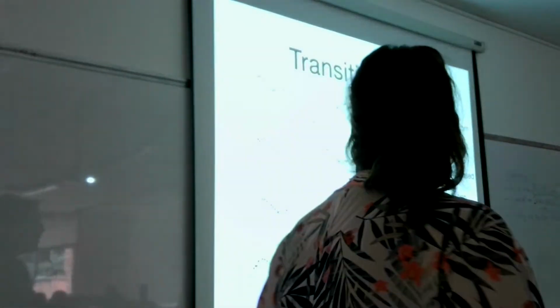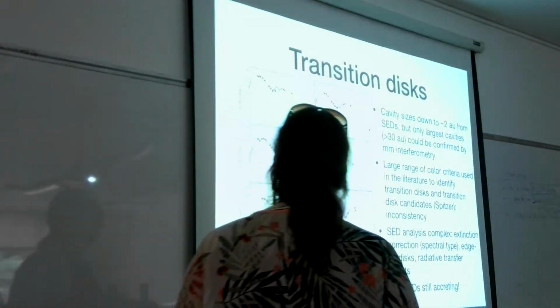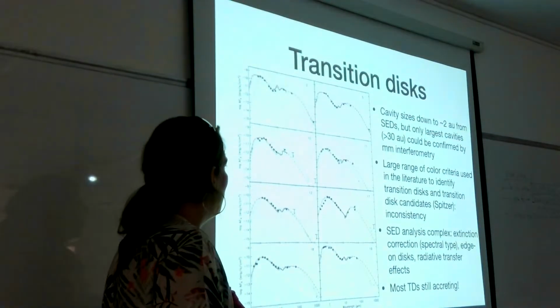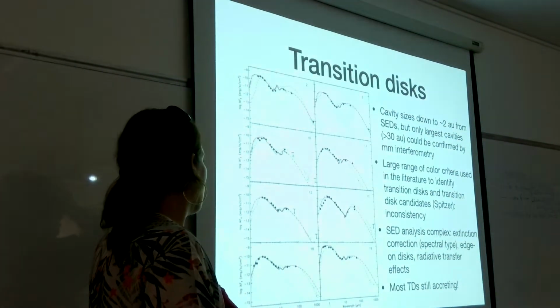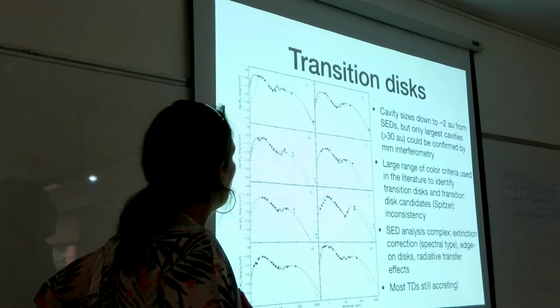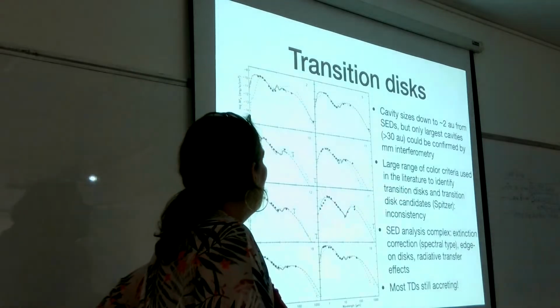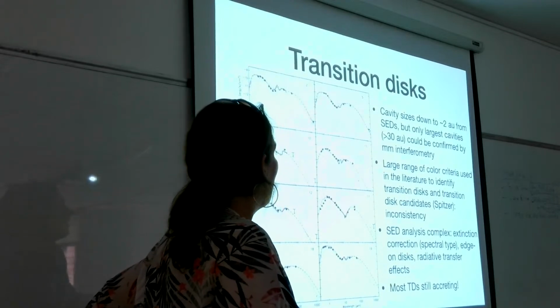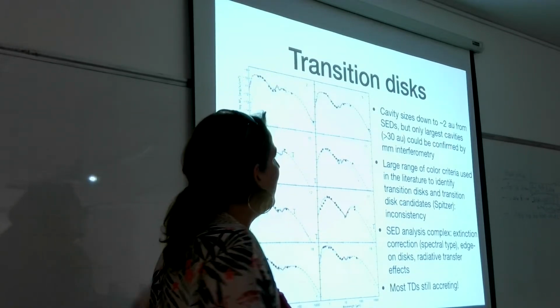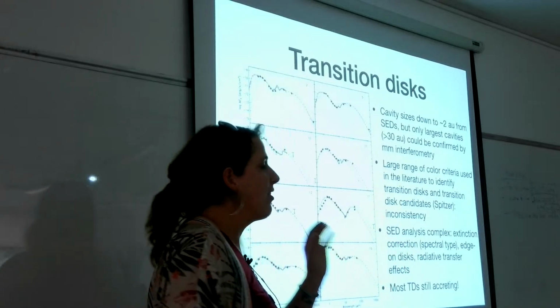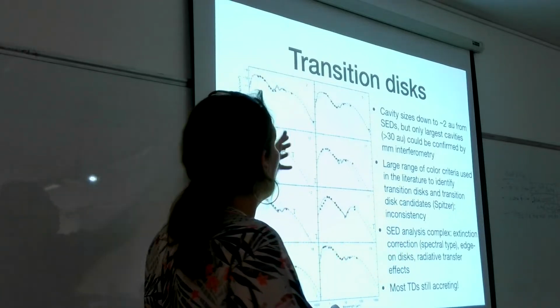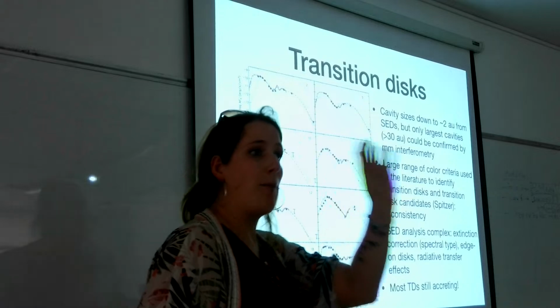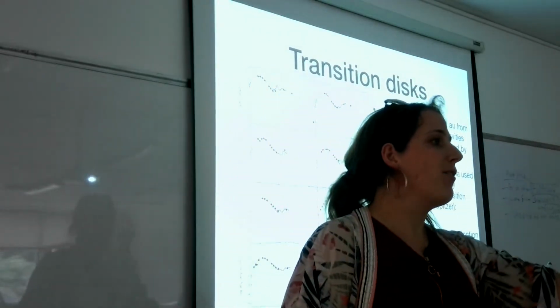So, as I mentioned, Spitzer has found many transition disk candidates. And what's interesting with SED selected transition disks is that even a cavity of 2 astronomical units can already be visible in the SED, because remember, you're talking about the very warm dust very close to the star.